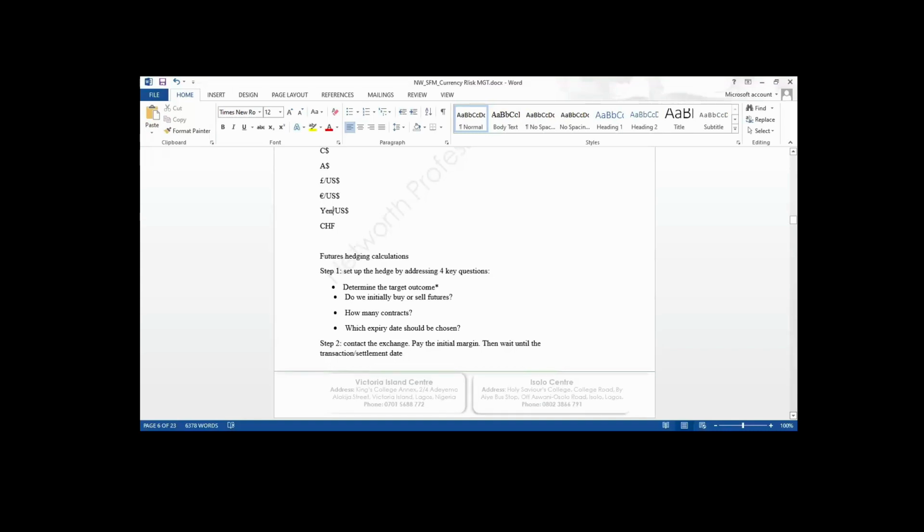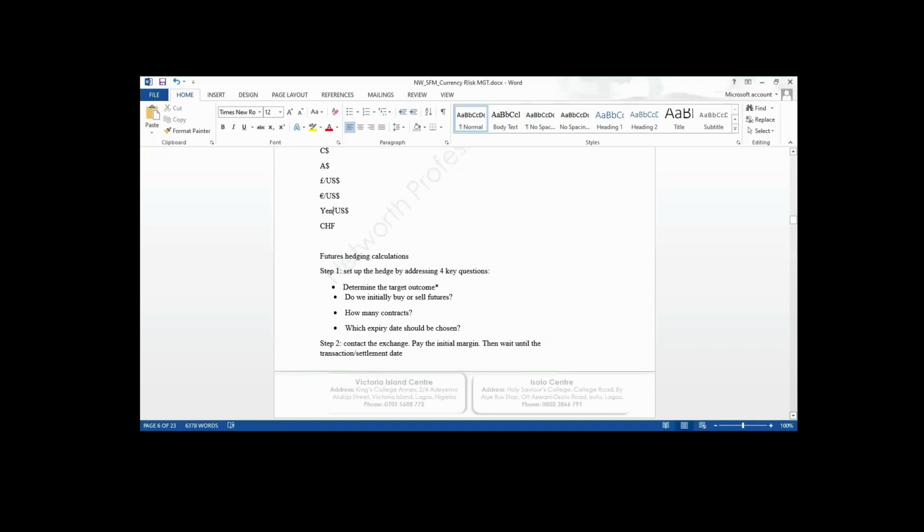Question number 2. Will the company buy or sell futures at the commencement of the hedging? Question number 3. How many contracts? Determine the number of contracts required for hedging.